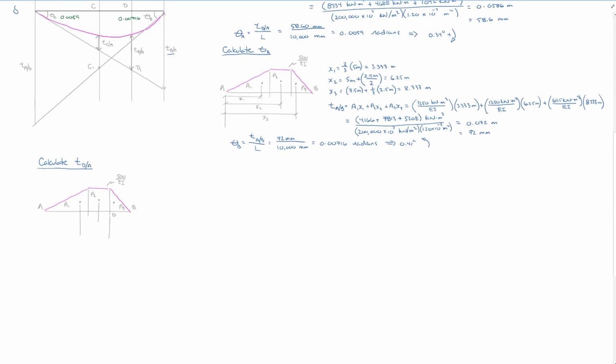Area 3 is on the other side, so we're not concerned about that. So I'm just going to label them in here. And we have x1 and x2. And we ignore area 3. So I'm going to go ahead, do it very similar to what we did before. I'm just going to calculate x1.